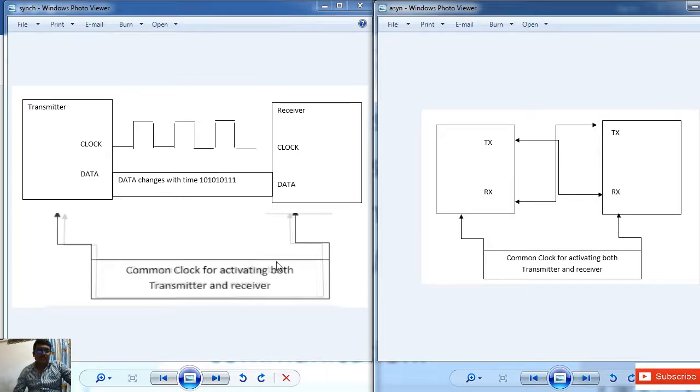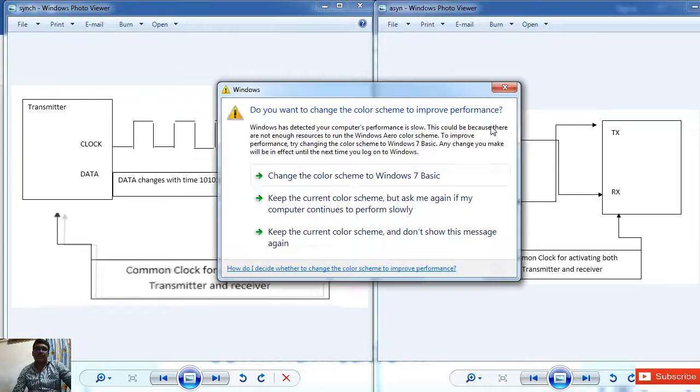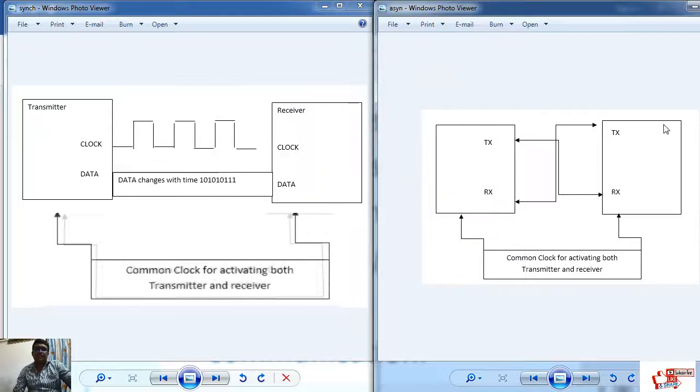But one thing is common. The common clock is present for activating both transmitter and receiver, whether it is synchronous or asynchronous communication. The one difference here is that in synchronous communication, data is pushed along with the clock.